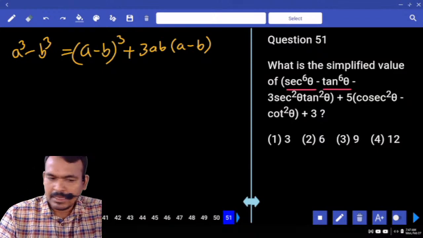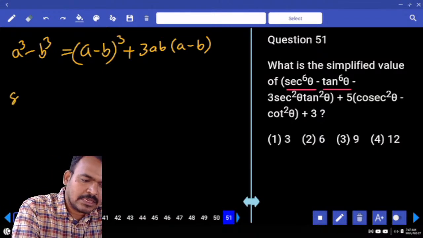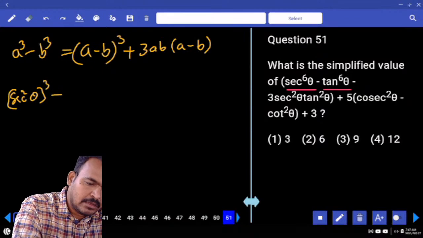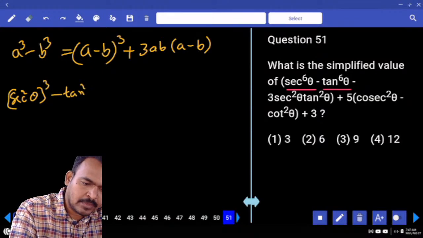Here a is nothing but (sec²θ) whole cubed minus (tan²θ) whole cubed.